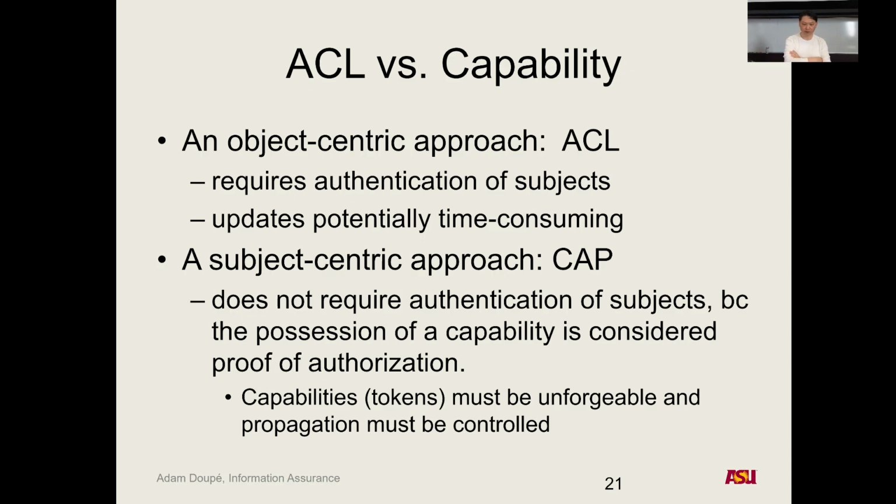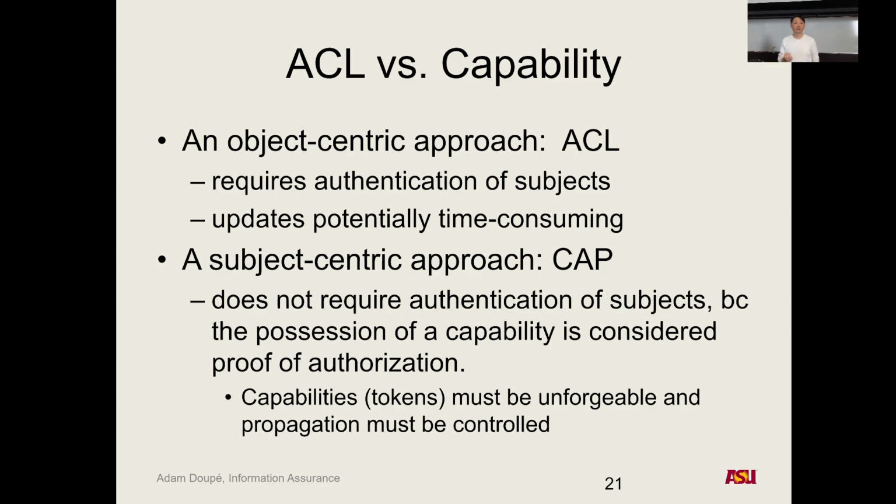And the second approach, CAP, the capability list. Capability lists are based on the subject, right? So it is a subject-centric approach. It does not require authentication of the subject. So Google Docs or Dropbox shareable links don't request authentication, right?